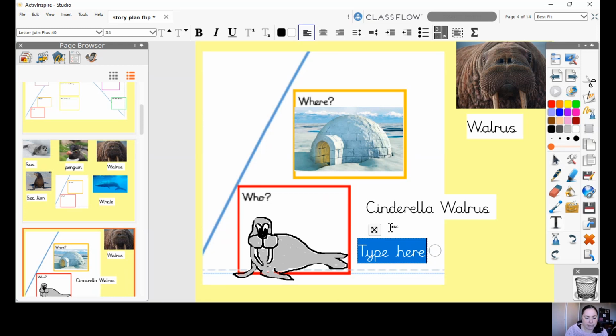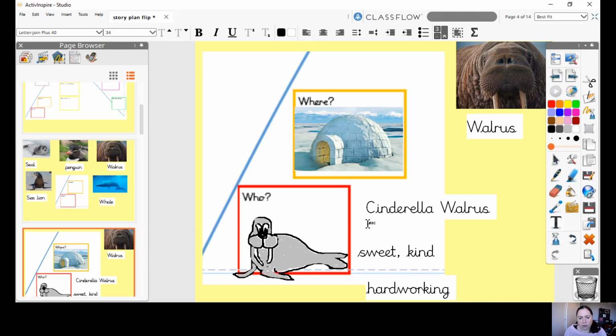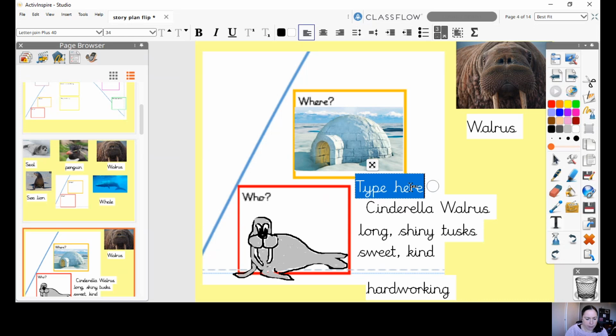So she's a sweet, kind walrus. She's hardworking. And she's got long, shiny flippers. So all of those things are describing my walrus.